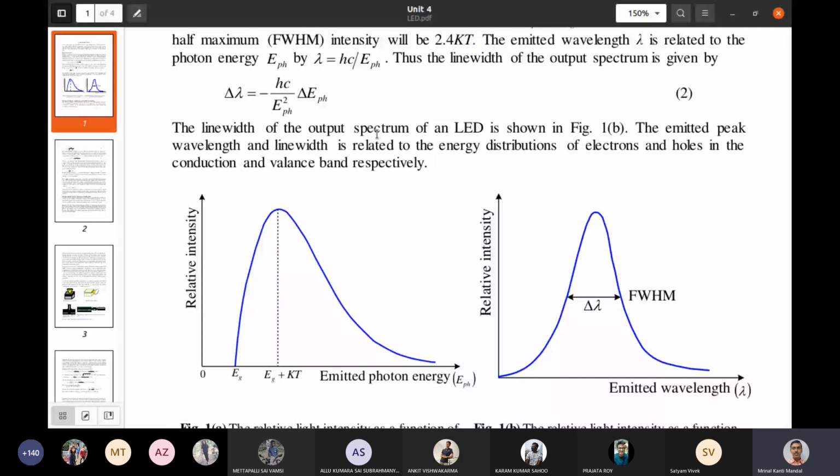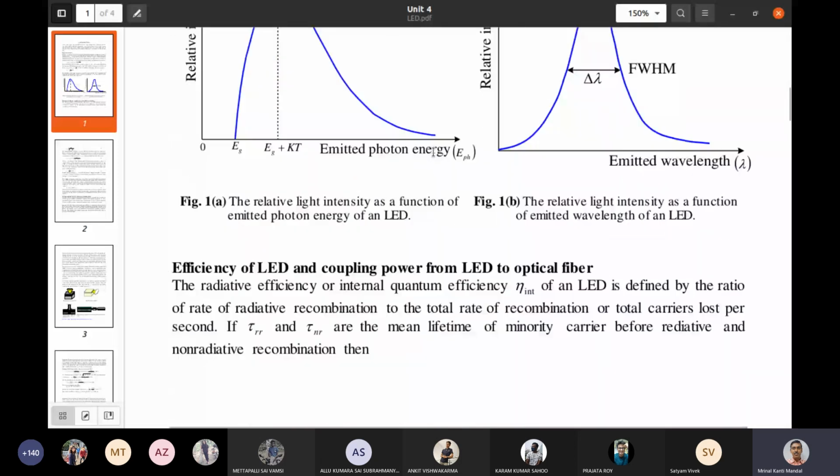Next we consider the efficiency. Due to the applied voltage and current, both radiative and non-radiative recombination will take place.